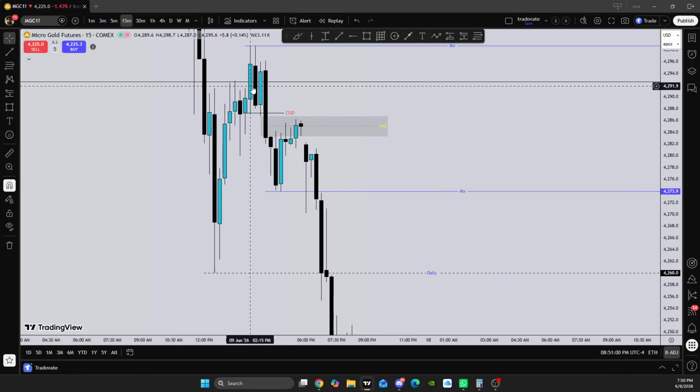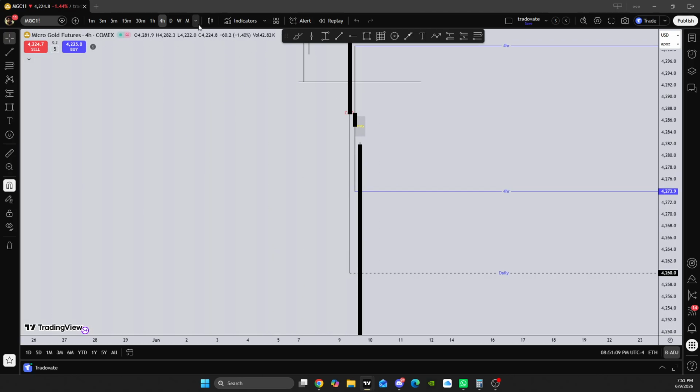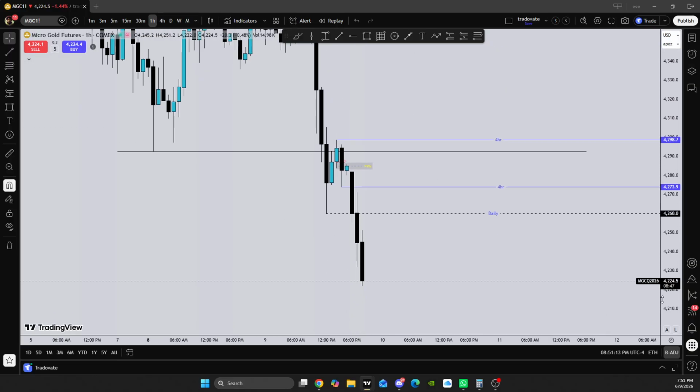So we're in bearish market flow. We're daily time frame bearish, 4 hour candle bearish, and 1 hour candle also bearish.